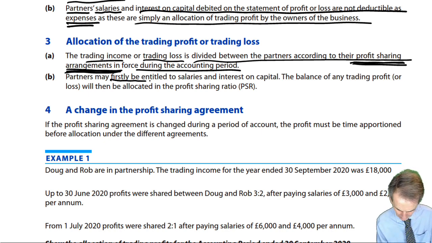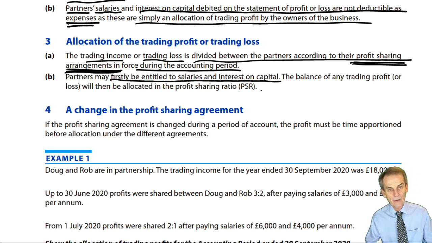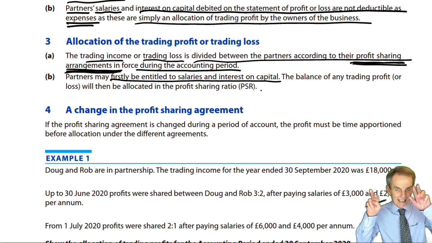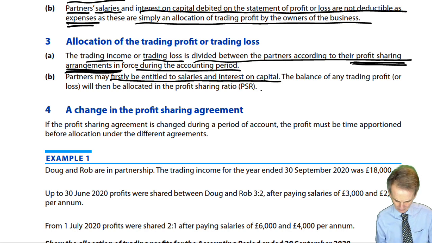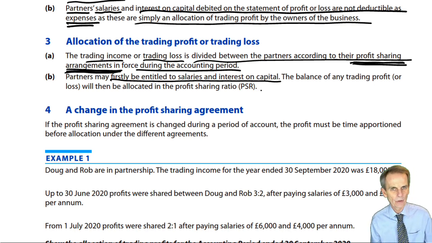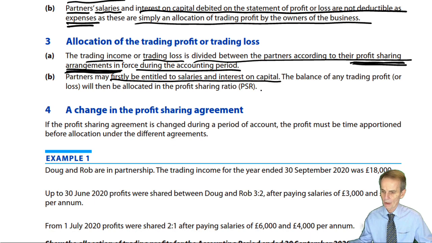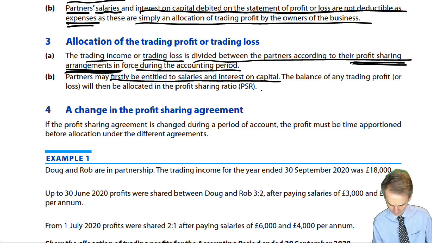Partners may, firstly, as we've said, be entitled to salaries and interest on capital. That would be the first share of any available profit credited to those partners. Salaries are there for those who do more work in the partnership, interest on capital for those who put more capital into the partnership.